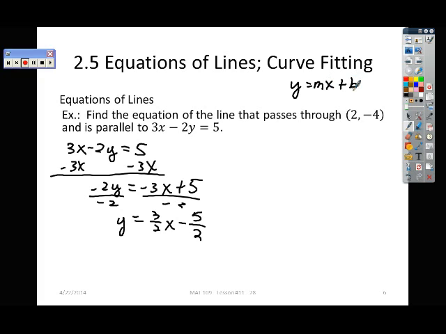Whatever number this is is the slope. So if you put it in this form, you can say what the slope is. The slope is 3/2. You can't do it in the other form, but put it in this form, and then this is the slope. So the slope of that line is plus 3/2, right?